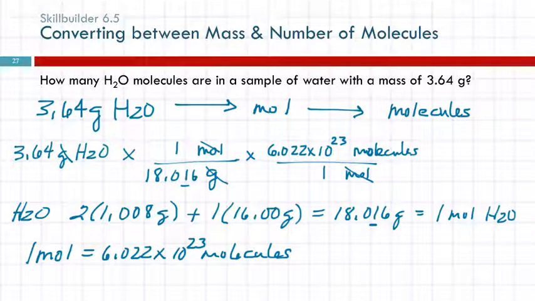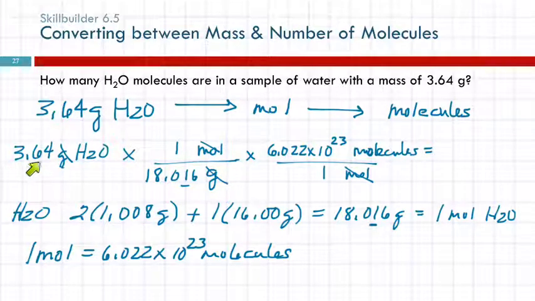So now I just use the calculator: 3.64, multiply by the top, divide by the bottom. So times 1 divided by 18.016 times the top, 6.022 EE23, divide by the bottom, which is 1, and I get a number.